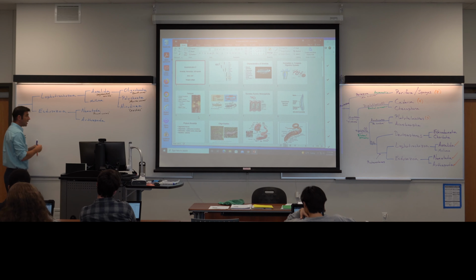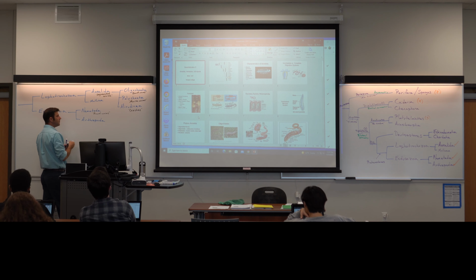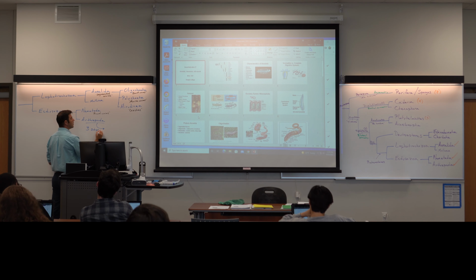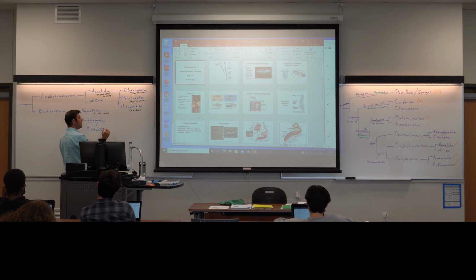It's the largest phylum, and in fact, it's so large that we need to further divide it into subphyla. So I'm going to say 3 subphyla names. The 3 subphyla to arthropods, and hopefully this screen isn't going to cut us off.